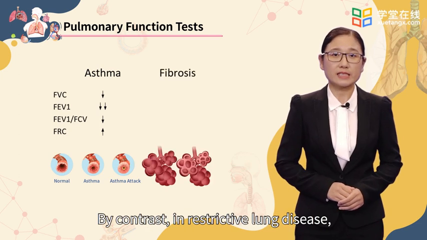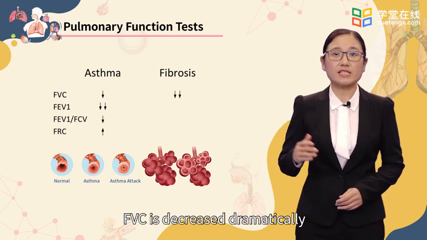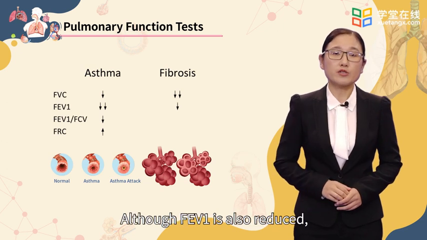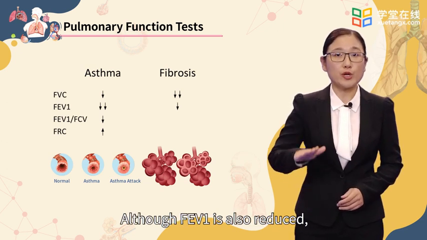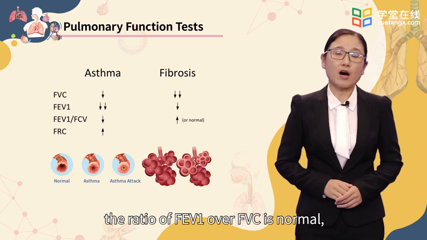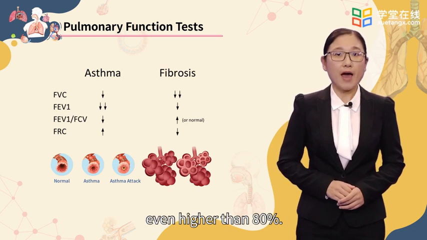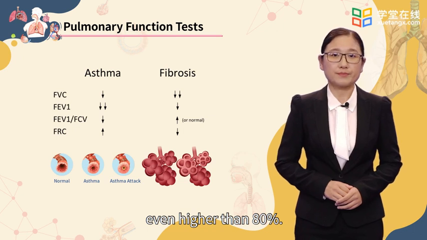By contrast, in restrictive lung disease, FVC is decreased dramatically in fibrotic tissues. Although FEV1 is also reduced, the ratio of FEV1 over FVC is normal, even higher than 80%.